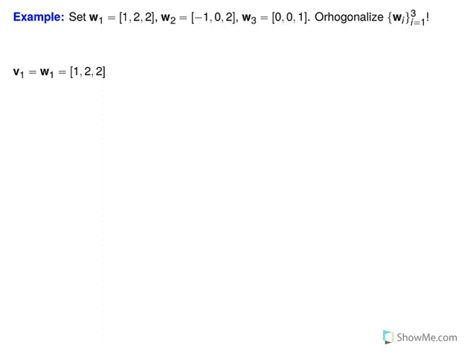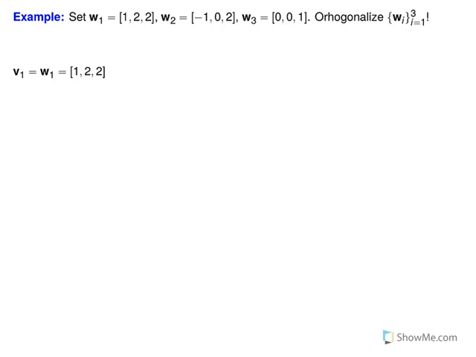So as a final example, let's do a numerical example. We're given 3 vectors, W1, W2, and W3, and we want to build an orthogonal basis of vectors Vj. Remember, in the first step, we just take the first vector, and that forms the first vector in our orthogonal basis.